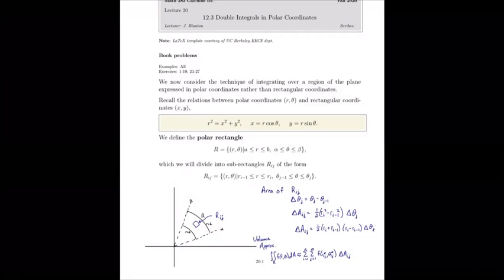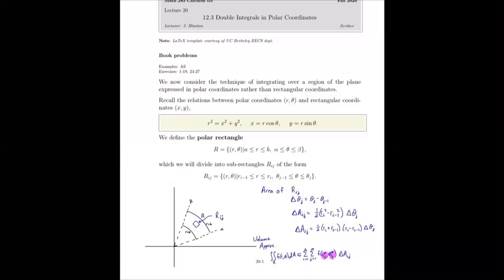So we can factor this expression into r_i plus r_{i-1} times r_i minus r_{i-1}, as a difference of squares. In doing so, we get a nice formula. As we shrink these subrectangles down to dimensions approaching 0, so the radii are getting closer and closer, the point within this rectangle becomes solidified as r_ij star, theta_ij star, and becomes exactly the point r, theta that we're interested in in the limit.